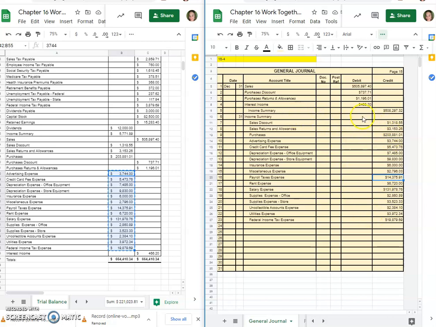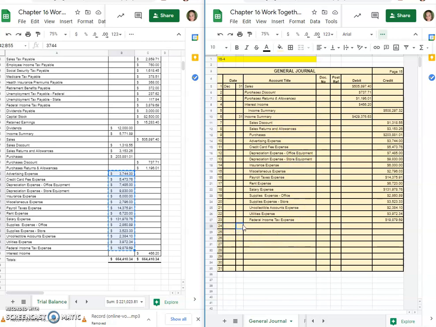Our income summary debit amount will now be the sum of all of these accounts that had debit balances: $429,376.63. And these will all be zero in the general ledger after posting.